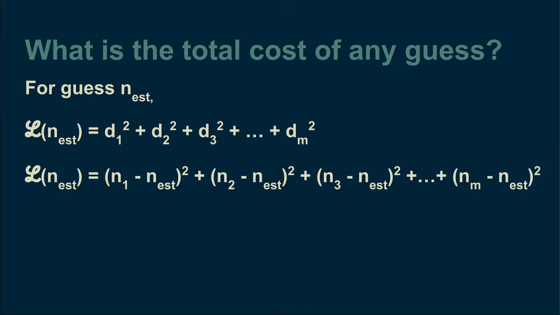Each deviation is actually the number of M&Ms in that bag minus the guess. So I square that. And we can write that with fancy summation notation like this. So this is my loss function. This is the total cost. This is how wrong I am when I make a guess, n_est.